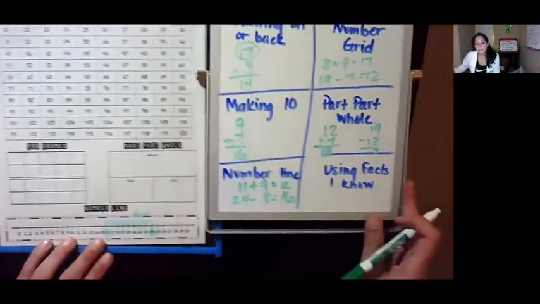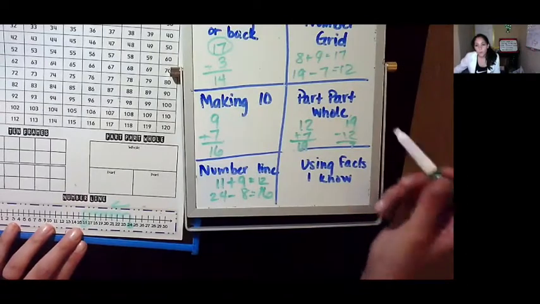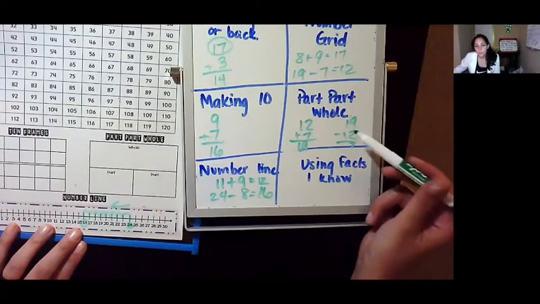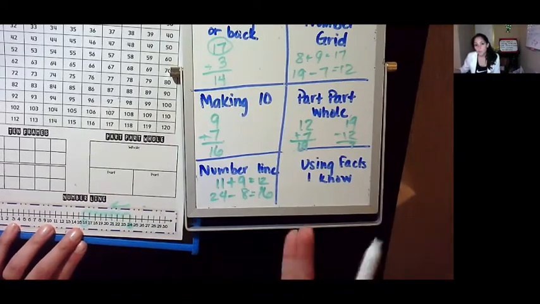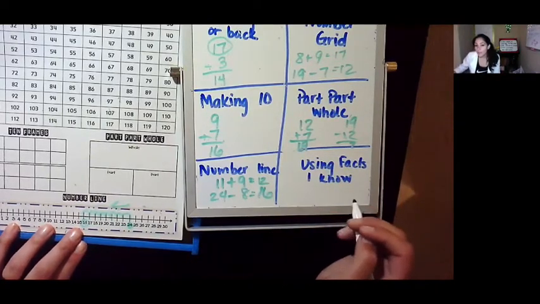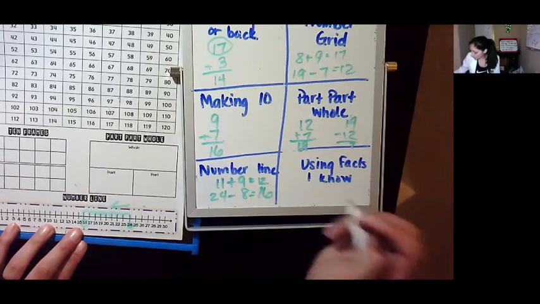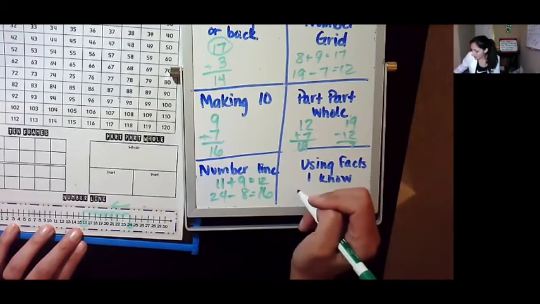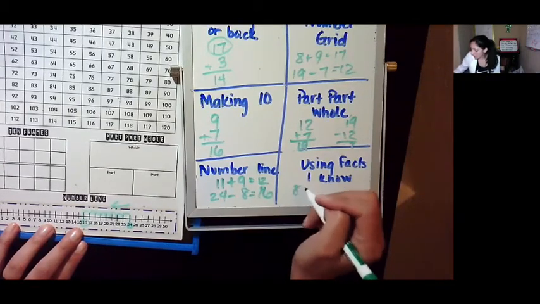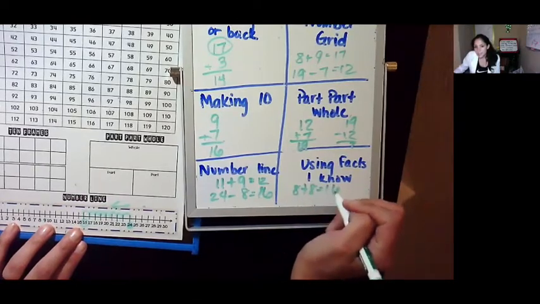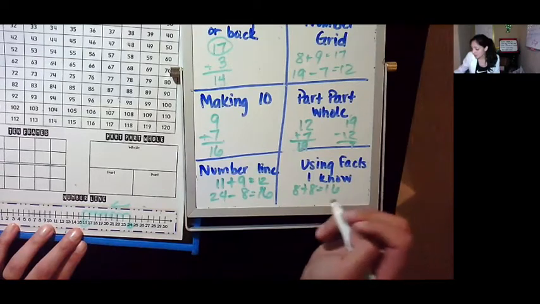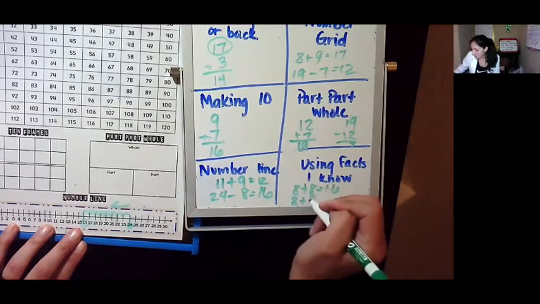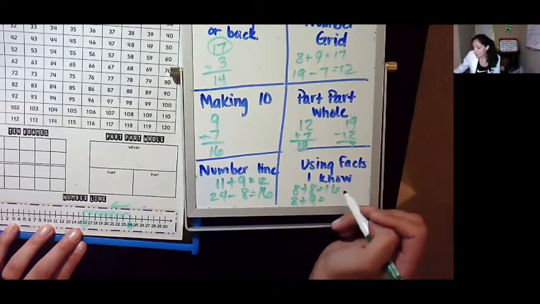And last but not least, using facts I know. So using facts I know is very closely related to part whole because they both use related facts. So if I already know that 8 plus 8 equals 16, then it's really not hard for me to figure out that 8 plus 9 should be one more than this one I already knew.